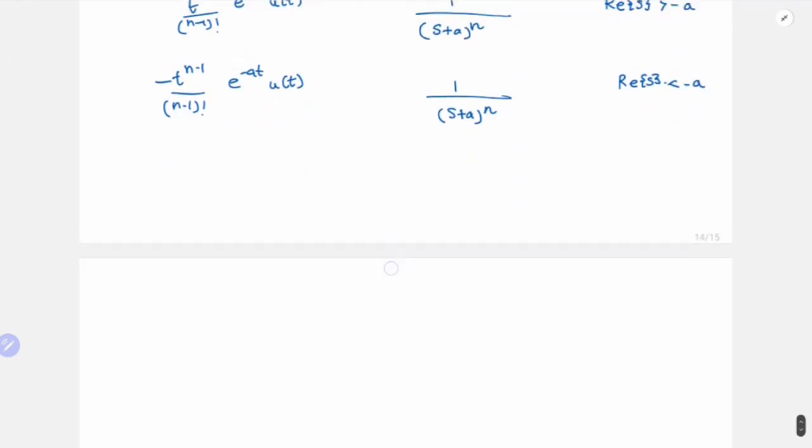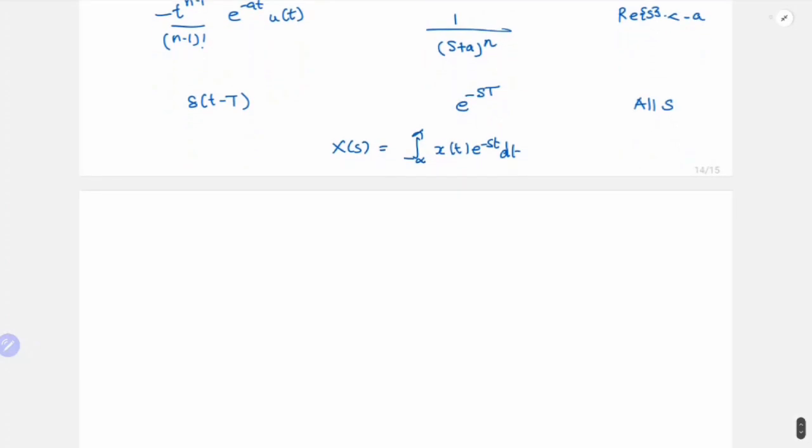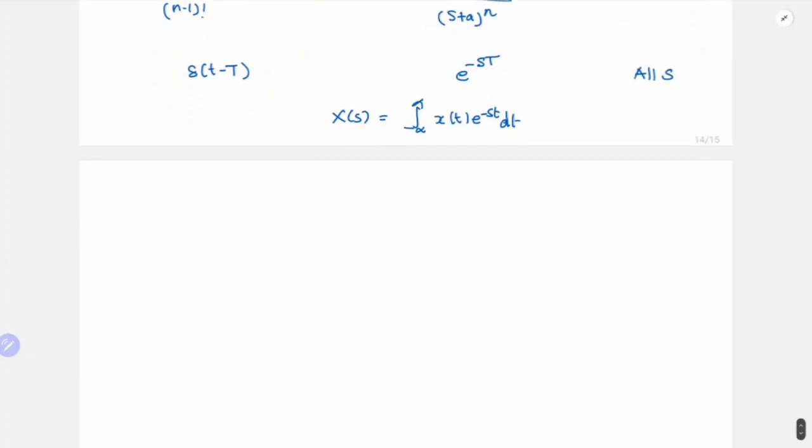And if we add the shifted impulse, delta of t minus t naught, by the property you'll just have e power minus S t naught. This is a finite number, so your region of convergence will be all S. I mean to say there are no poles in it, so your region of convergence is actually the entire S plane.